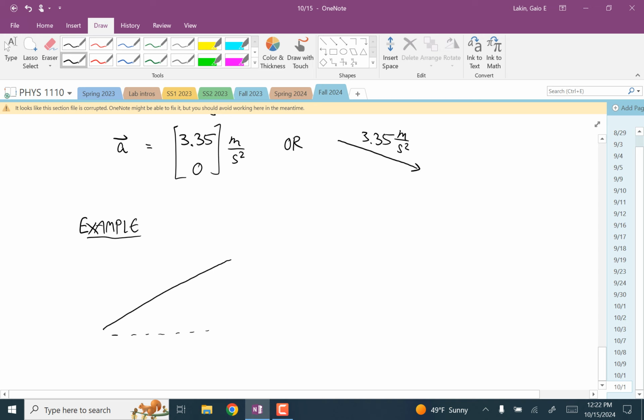Let's do 20 degrees again. And let's just do a cart like this again, but let's change the mass of it and see if that affects the acceleration. So let's make the mass 20 kilograms this time.